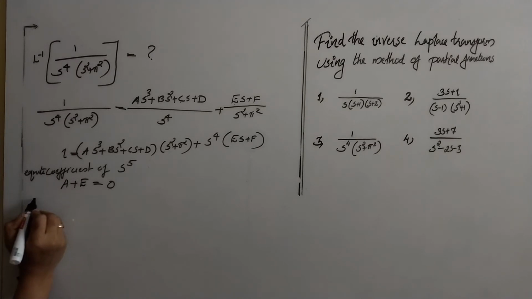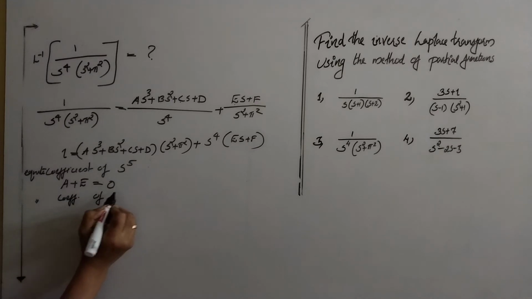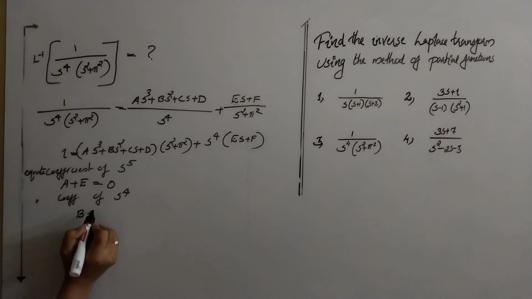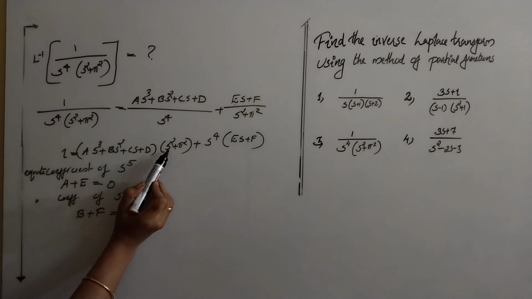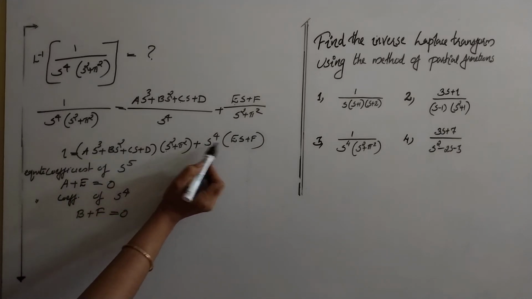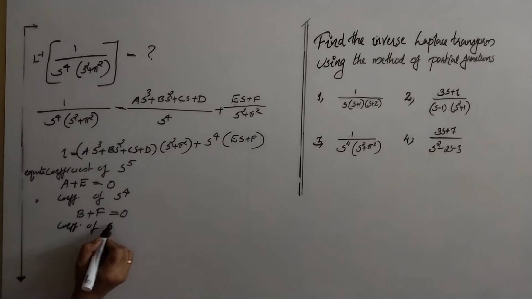Now equate the coefficient of s raised to 4, that is b plus f is equal to 0. S square into s square is s raised to 4, b plus, here also f into s raised to 4. So b plus f is equal to 0. Now equate the coefficient of s raised to 3.